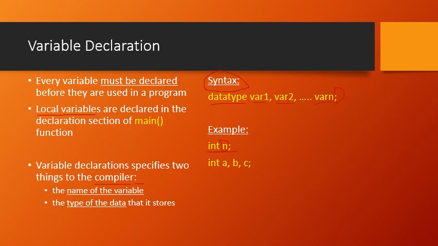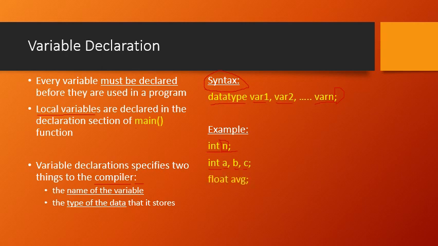Now if you notice, this statement tells the compiler that there are three variables declared here, named a, b and c. All these variables belong to the integer data type, meaning all of them are capable of storing whole numbers, that is integer numbers.